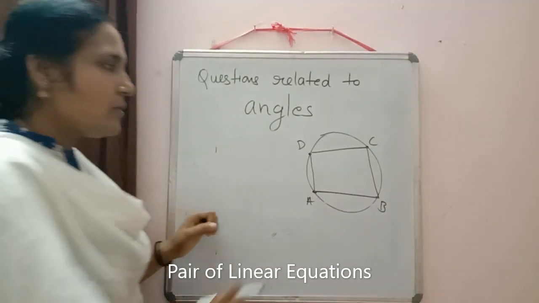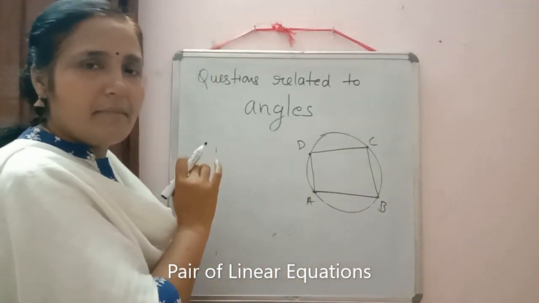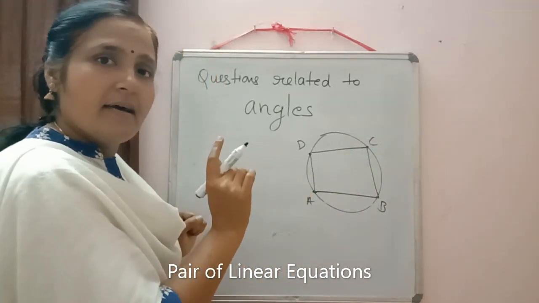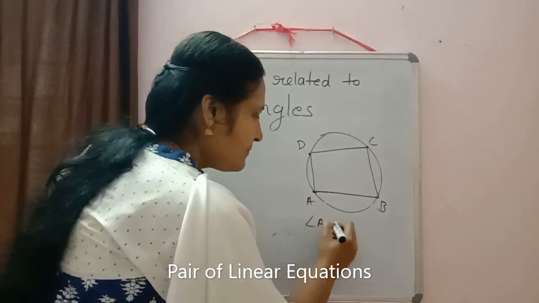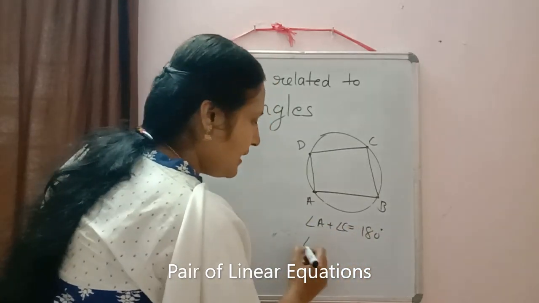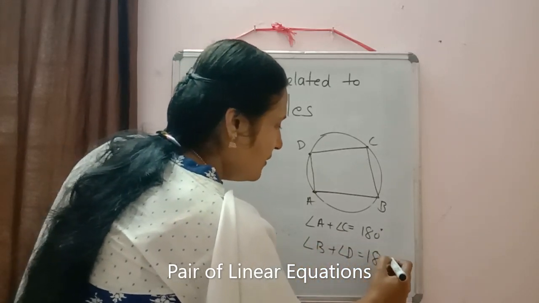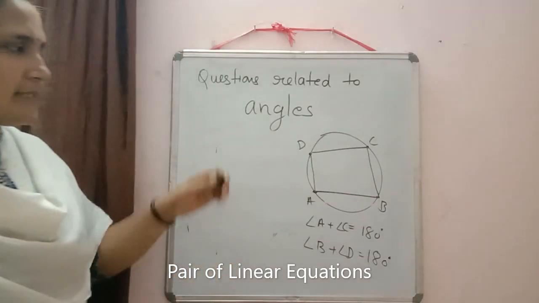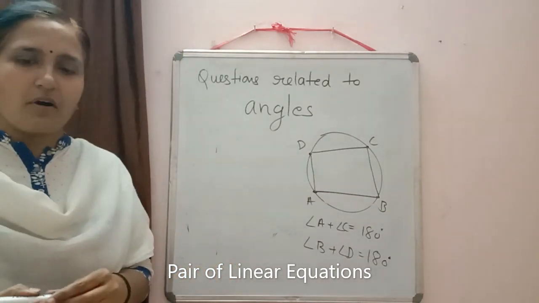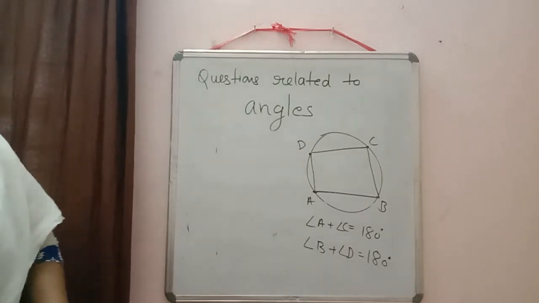Yes, in a cyclic quadrilateral, opposite angles are supplementary, which means their sum is 180 degrees. Angle A plus angle C is equal to 180 degrees. Similarly, angle B plus angle D is equal to 180 degrees. So these are the things we need to solve the questions related to angles. So shall we start? Okay.